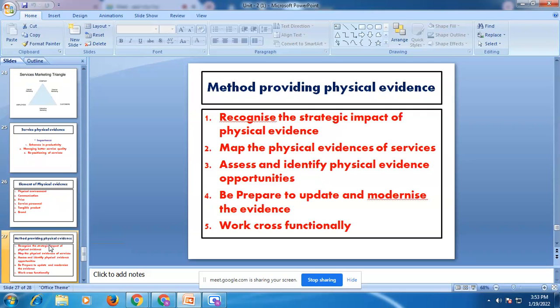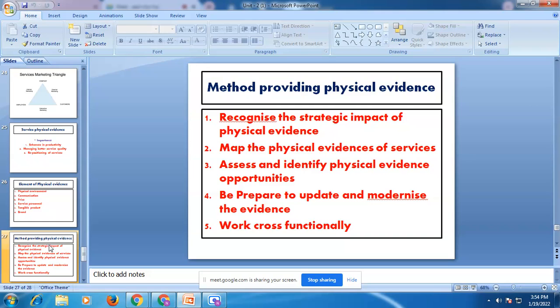Next are the methods of providing physical evidence. The first method is recognizing the strategic impact of physical evidence, then mapping the physical evidence of the service, assessing and identifying physical evidence opportunities, being prepared to update and modernize the evidence, and working cross-functionally. Recognizing the strategic impact: physical evidence has a big role in shaping the perception and attitude of a customer.